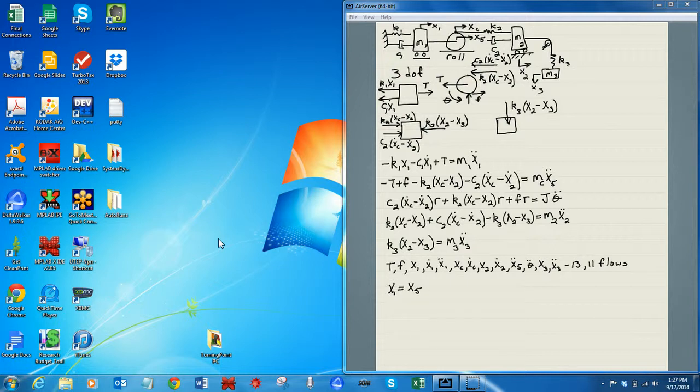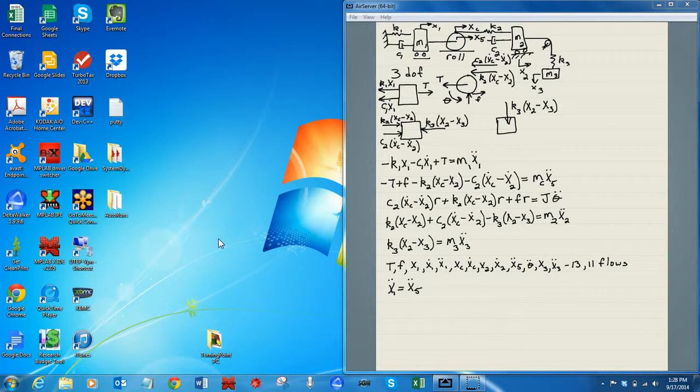So that gets me one constraint equation. And since I have x5 double dot, what I really want then is to take a double derivative of this. So I'll differentiate this, and there's an equation for the x5 double dot.